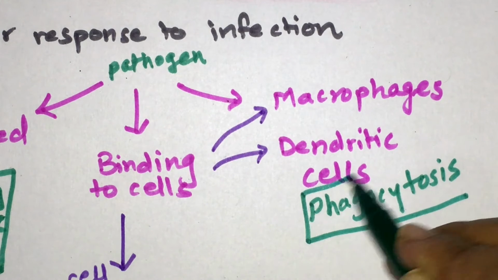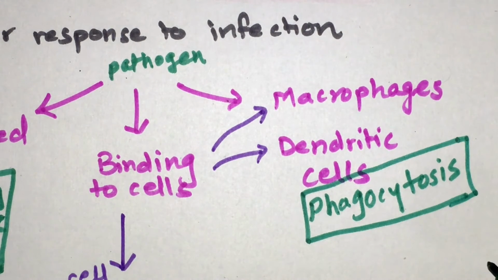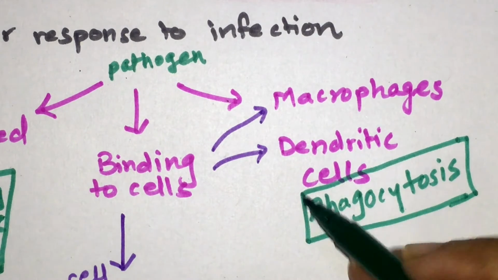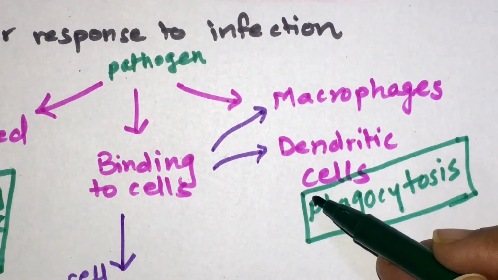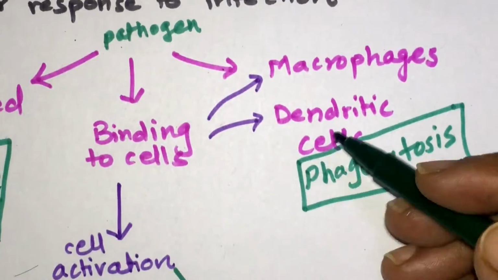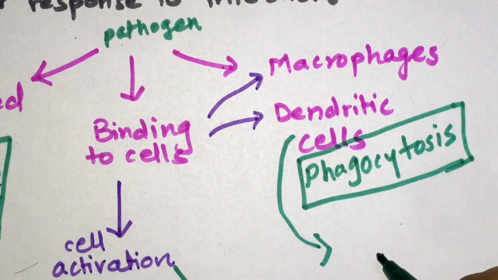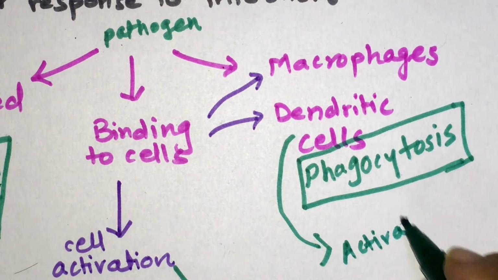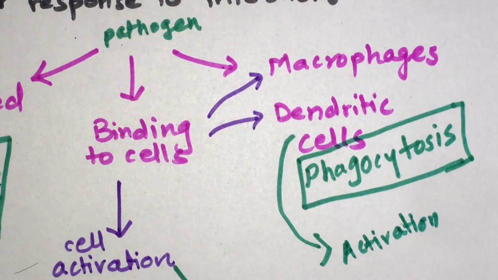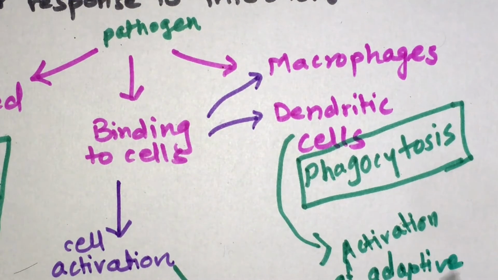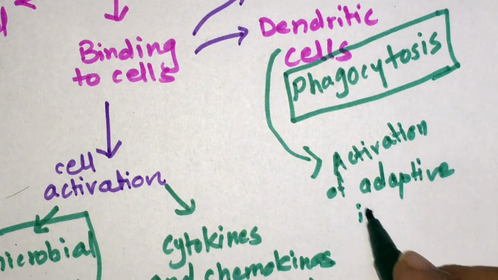So through phagocytosis also the pathogens can get eliminated from the body. There is another way: through the dendritic cells there can be activation of the adaptive immune response.